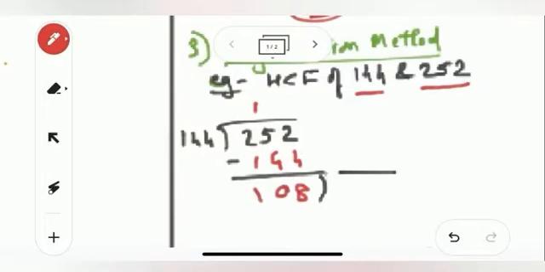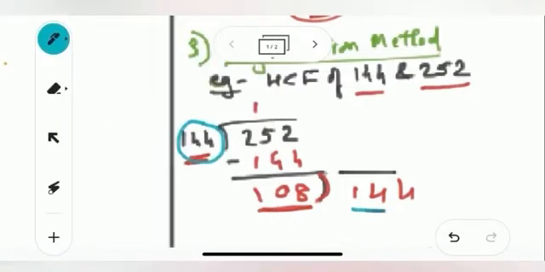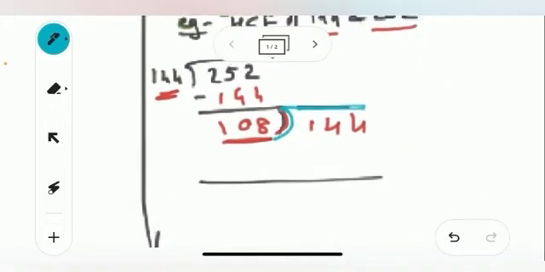Now this remainder, you will again divide the divisor by. This divisor you will divide by this remainder. So again it will go 1 time, minus 108, and the answer I will get is 36.